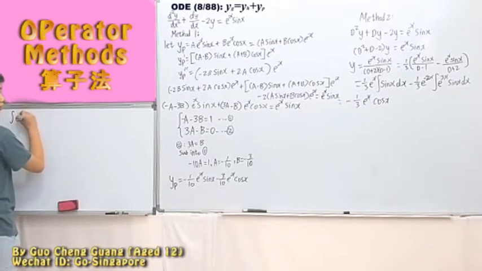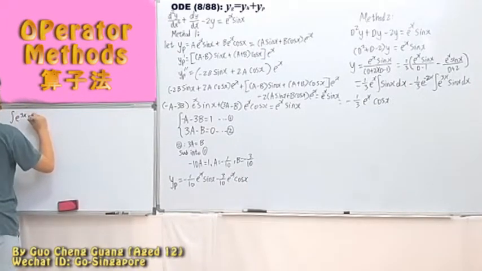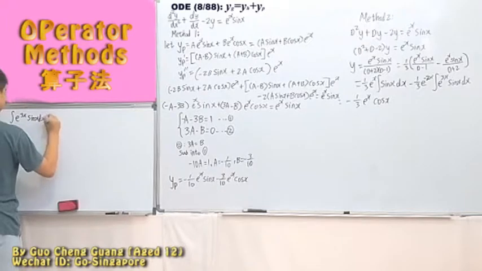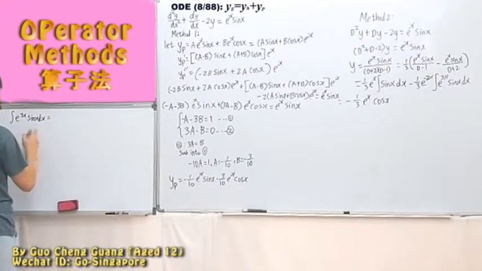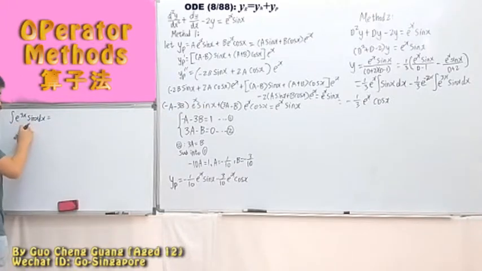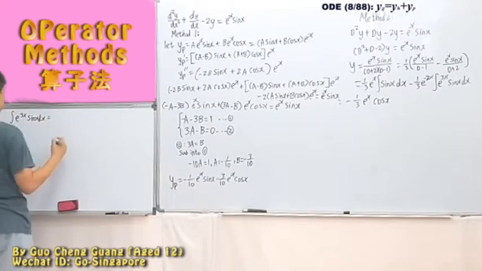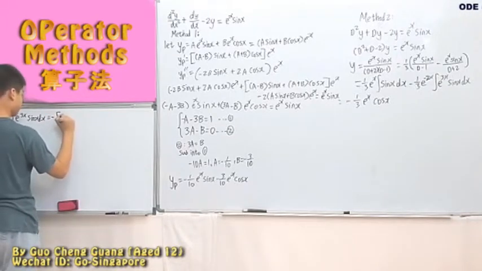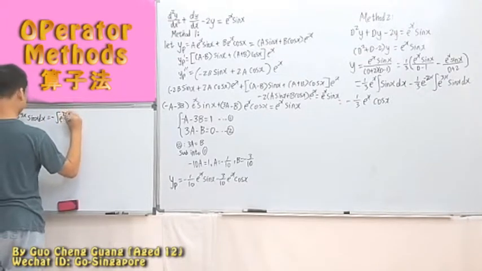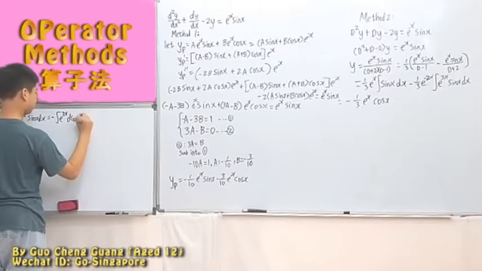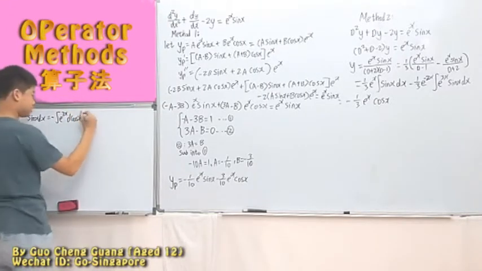I'm going to work it out here. Okay, so this is what you have. So e to the power of 3x, then sine x. So what if we put this sine x inside this dx? That would be much simpler. Like this, that's that integrating factor.